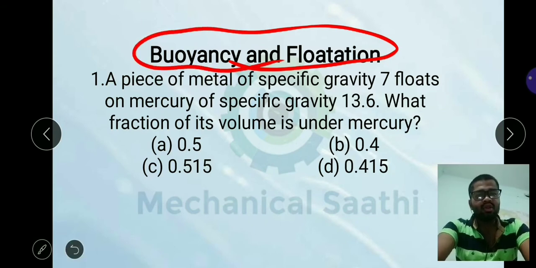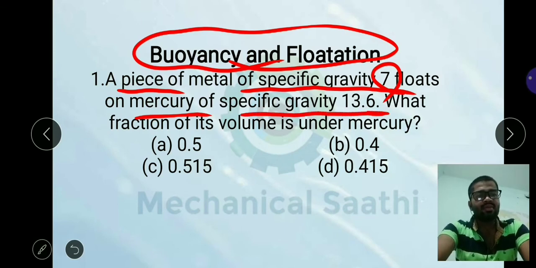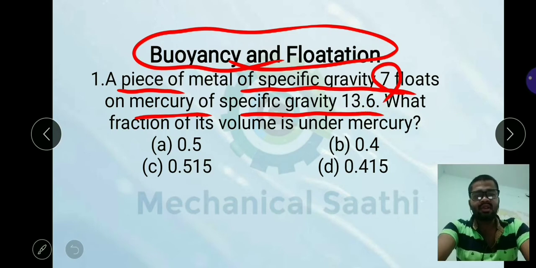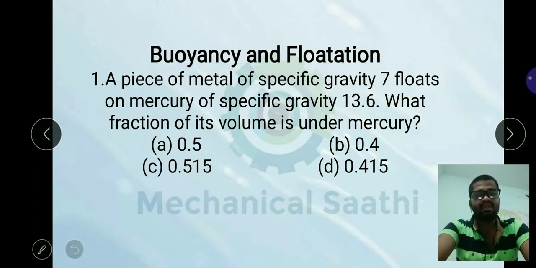The first question is, a piece of metal of a specific gravity S floats on mercury, which has a specific gravity of 13.6. What fraction of volume is under the mercury? That is, what fraction of the volume of the metal piece will be inside the mercury, we need to calculate.